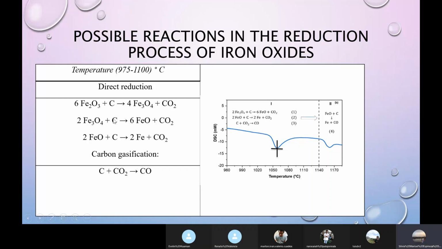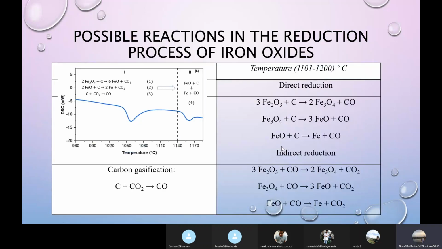Magnetite with carbon produces wustite. Wustite with carbon produces iron. Very interesting in this stage, and this is an important temperature: 1056 Celsius. This is the first endothermic peak.